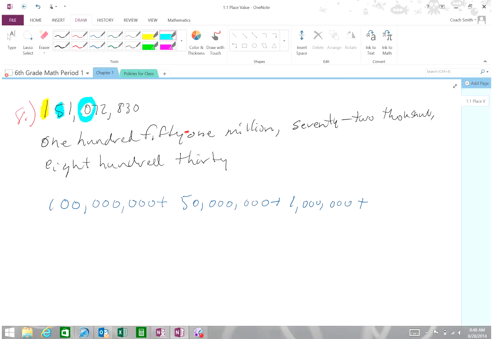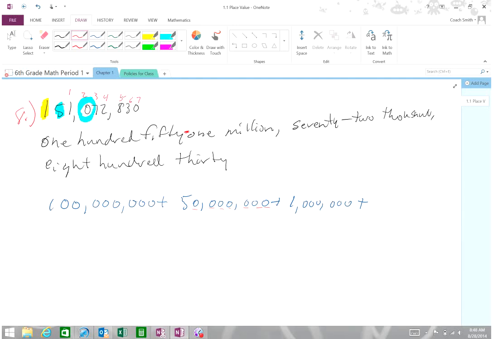Now, here's another way how you can tell how many zeros go after the number. If we look at this number here, we had 1, 2, 3, 4, 5, 6, 7 zeros, right? Okay, well, let's go back up here. 1, 2, 3, 4, 5, 6, 7. That lets you know how many zeros need to be after it.